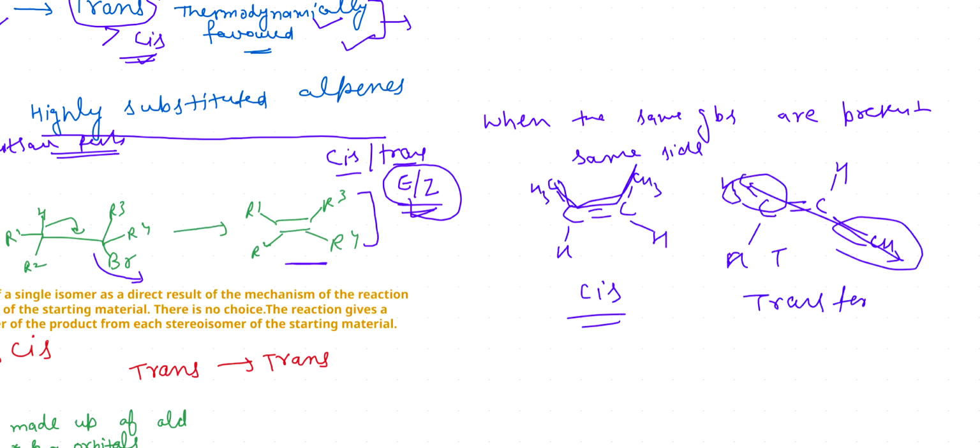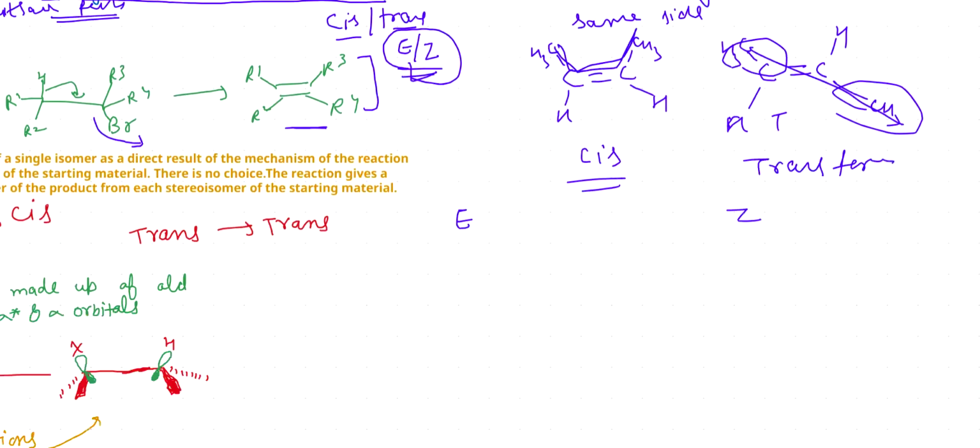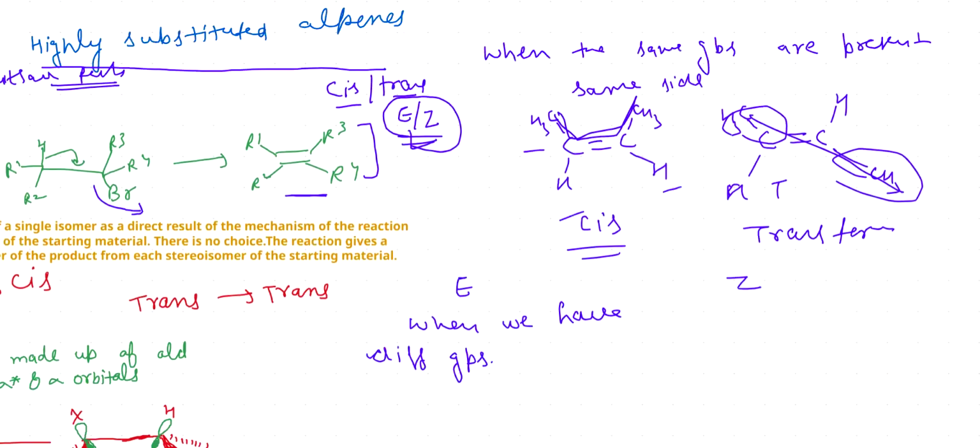And what are E and Z? When we have different groups, it is not necessary that the groups will be the same. Like in the above-mentioned case, there are two methyl groups and two hydrogens, but it is not necessary in all cases that there are methyls and hydrogens.